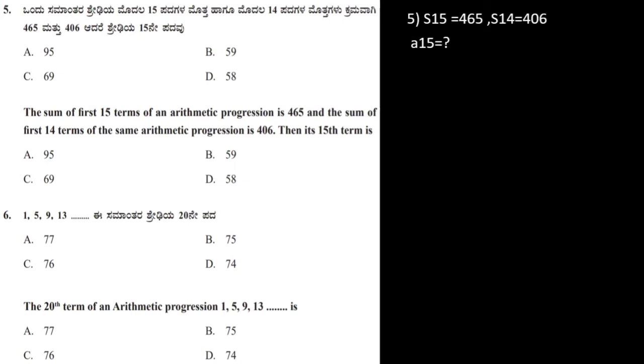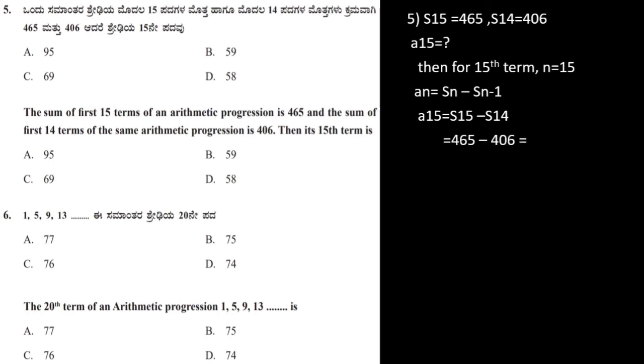Therefore n value will be 15, n minus 1 value will be 14. We know An is equal to Sn minus Sn minus 1. If we substitute the n value, we get A15 is equal to S15 minus S14. We have the values for S15 and S14, so we substitute and get 465 minus 406. By subtracting, we get 59. Therefore, option B, 59, is the correct one.